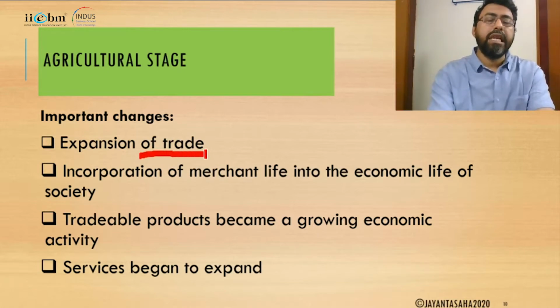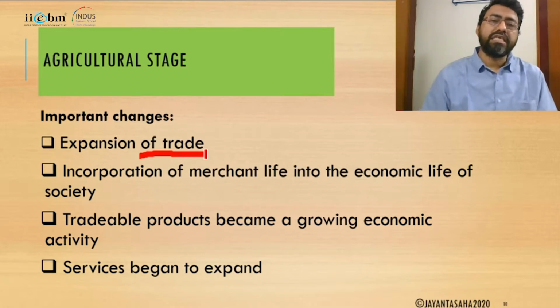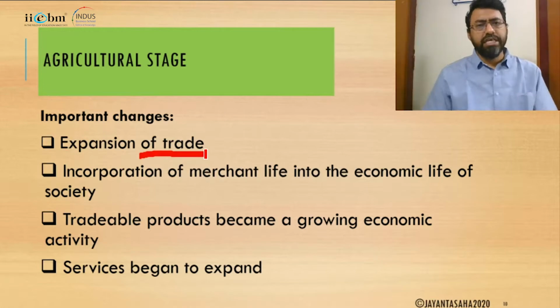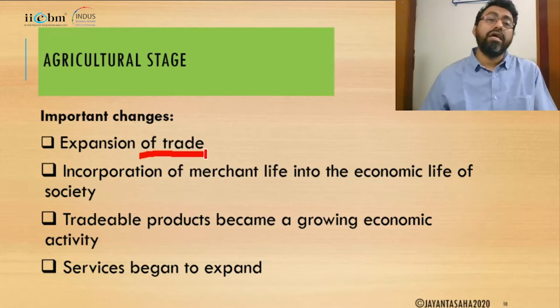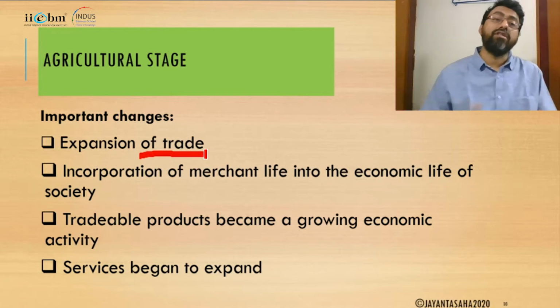Now the concept of trade. In the last lecture, we discussed the concept of exchange. The concept of exchange would have come about in the agricultural stage, where a farmer is producing something and the potter is producing something, and the surplus that the farmer generates and the surplus that the potter generates is good enough for their own needs and for other people's needs.